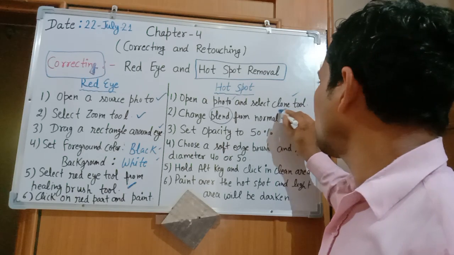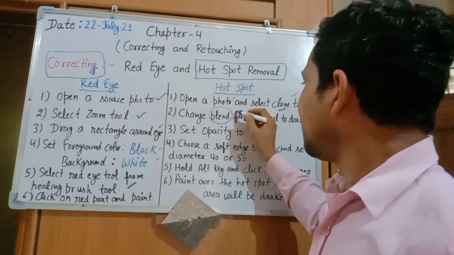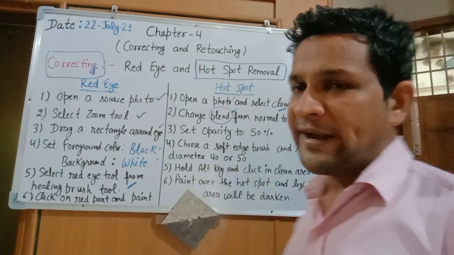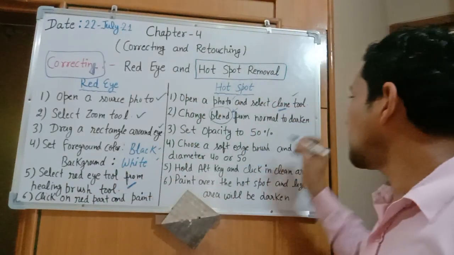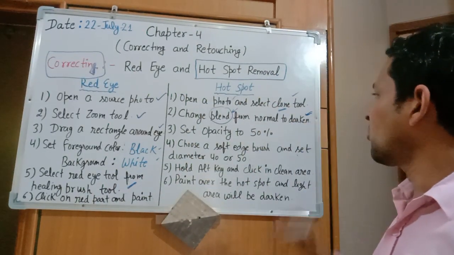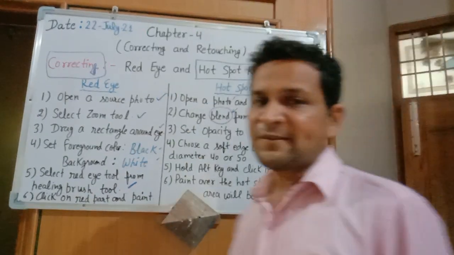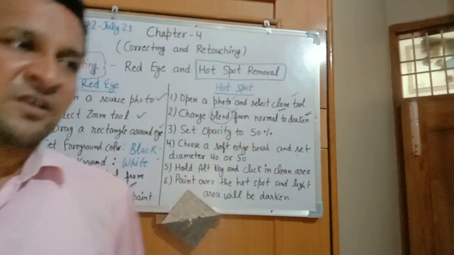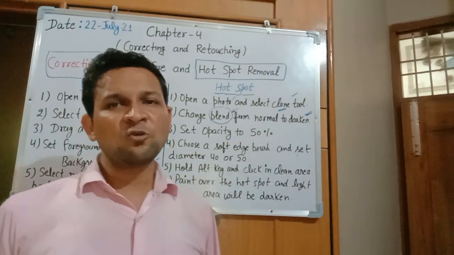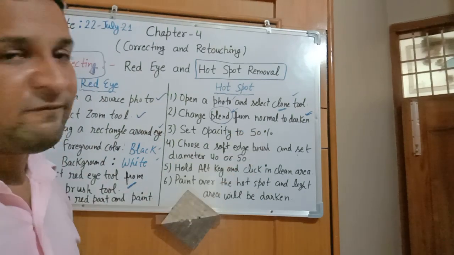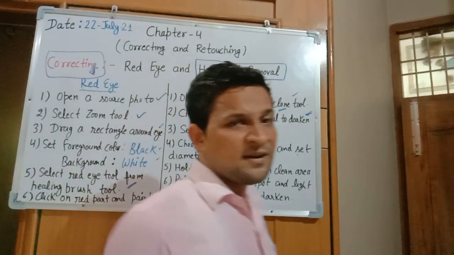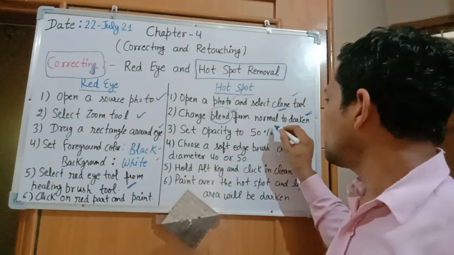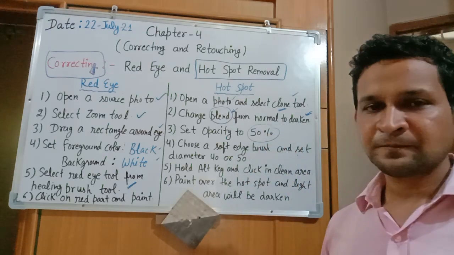When you click on the clone tool, options will be available. There is an option blend, and you will set the blend property from normal to darken. Afterward, you need to set the opacity to 50%. Whatever it is, you need to adjust it to 50%.